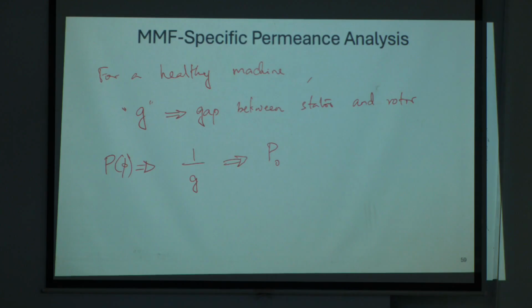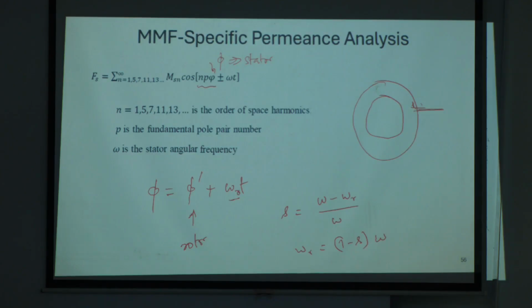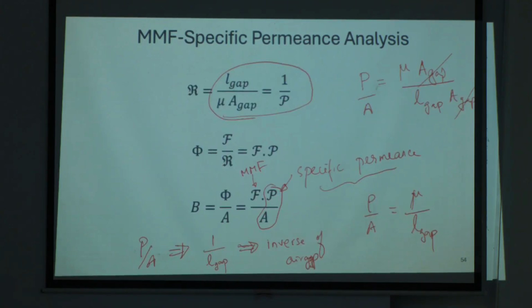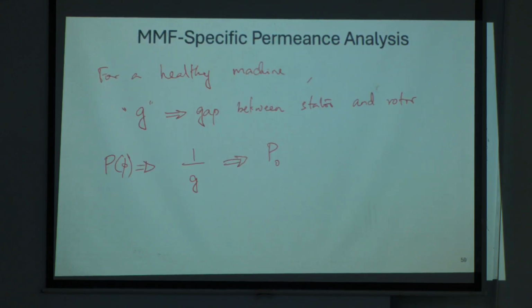So what does MMF specific permeance analysis say? If this is the expression for P naught, and the previous slide gave the expression for MMF, then MMF specific permeance analysis says that I need to multiply my MMF with permeance. So let us do that.